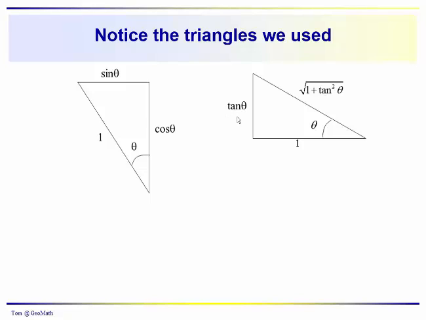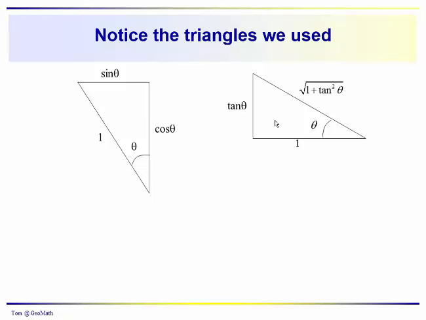And in the triangle that we just used, tangent of theta is equal to the side opposite over the side adjacent. So we get tangent of theta is equal to tangent of theta over 1, but the hypotenuse then must be equal to the square root of the sum of the squares of these two sides.